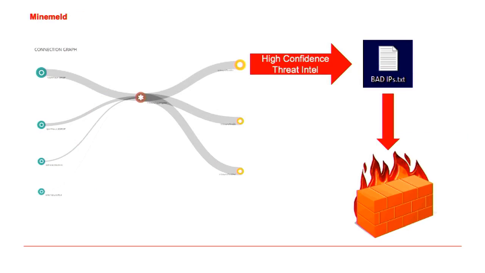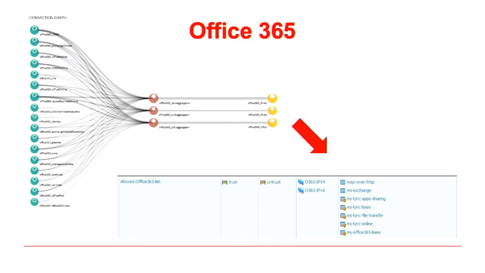And so this is kind of what it looks like. You're feeding that into either a text document or a file on your web server, and then you feed that to your firewall. Typically your firewall is just going to have a rule that says, if it's in this text file or on the web server, then block that. And then you can actually use it the other way too. A lot of people struggle with Office 365 and figuring out what IPs and URLs it uses.